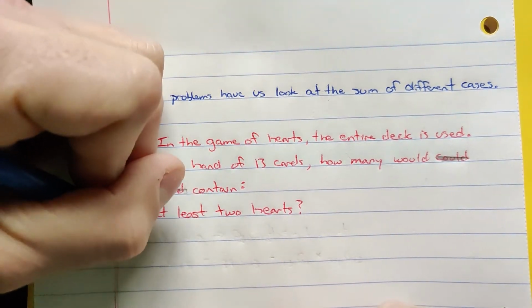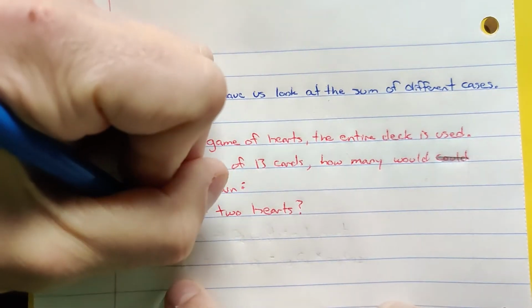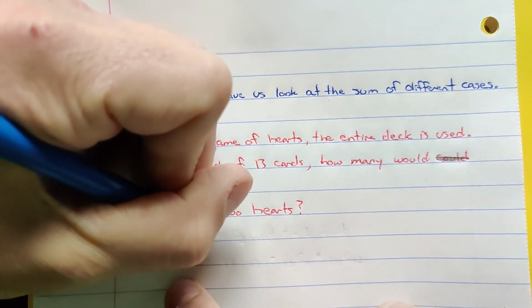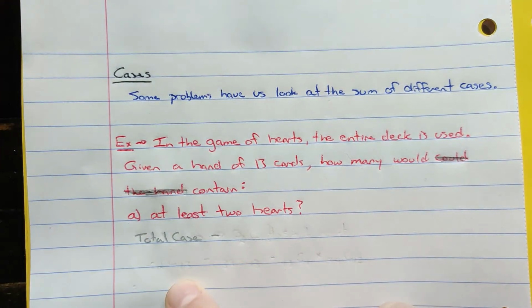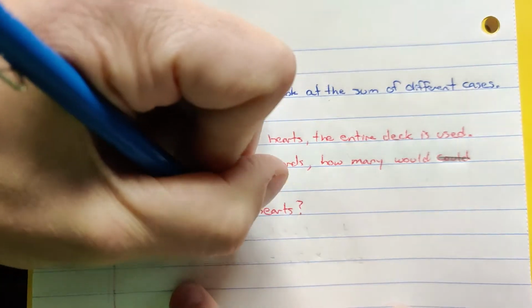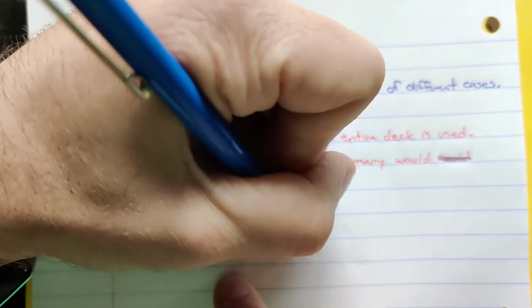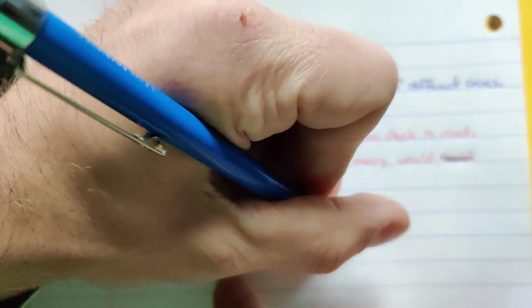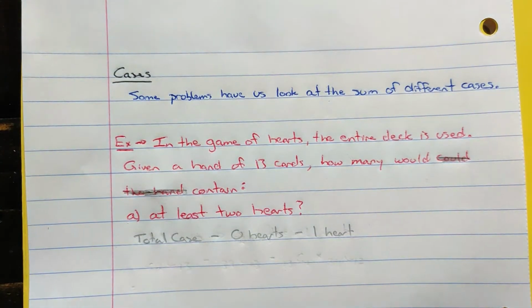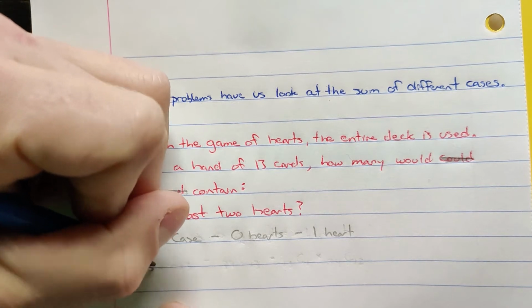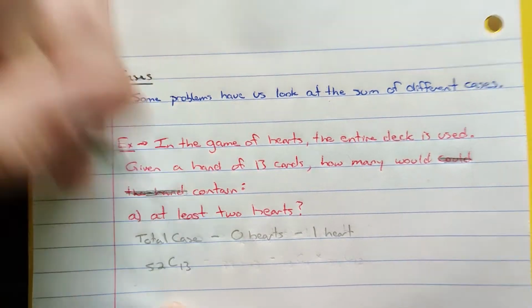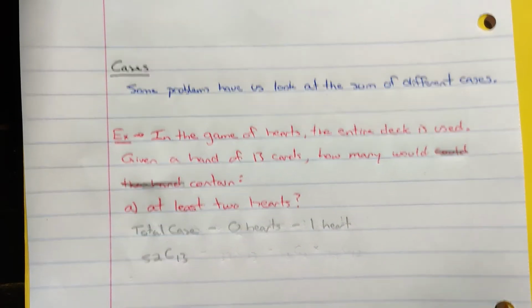So let's do it that way. So the total hands, minus 0 hearts hands, minus the hands with 1 heart is what we're going to do. So the total number of hands you can have if you're picking 13 cards is 52 choose 13.